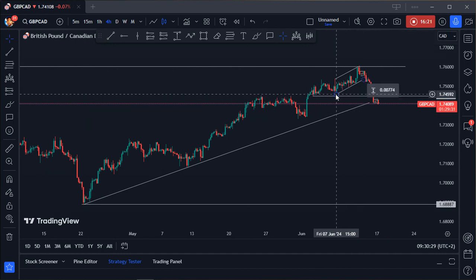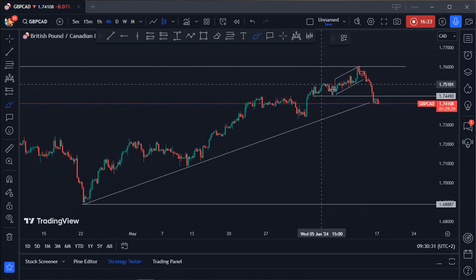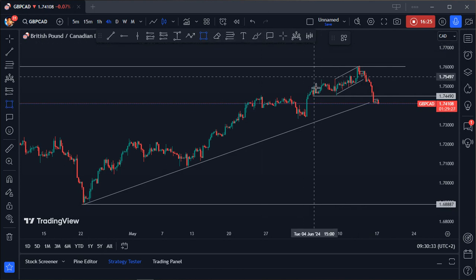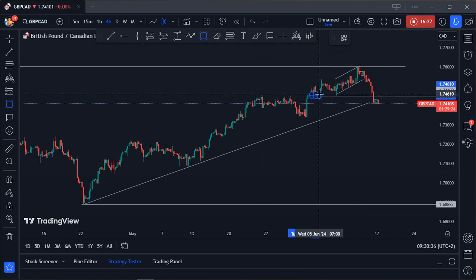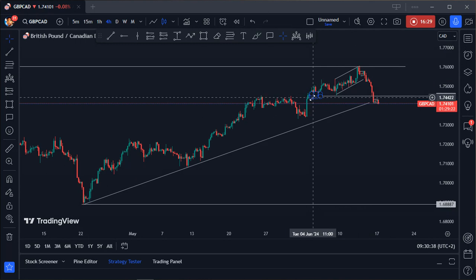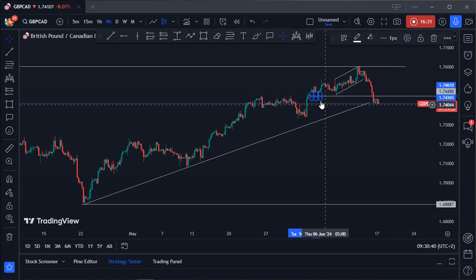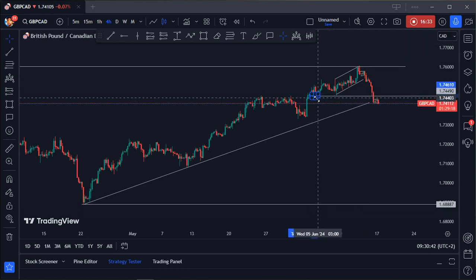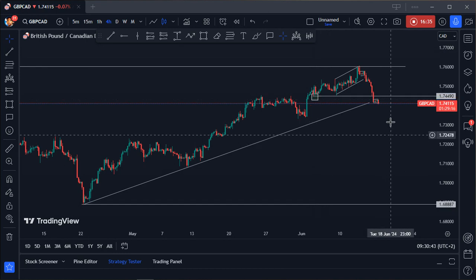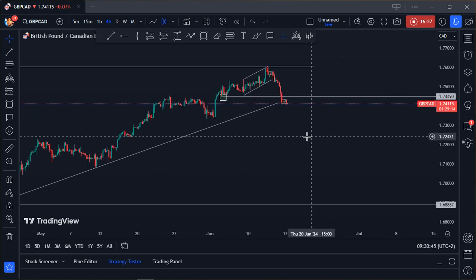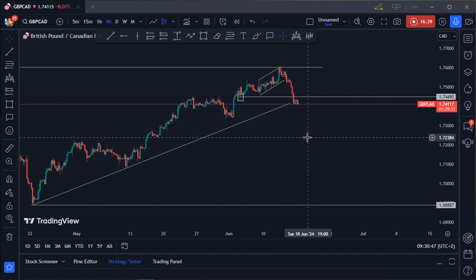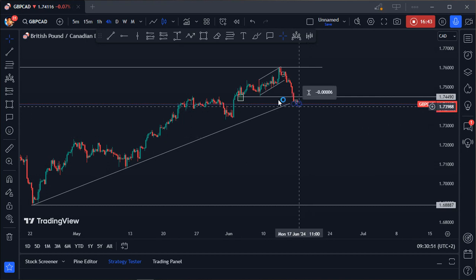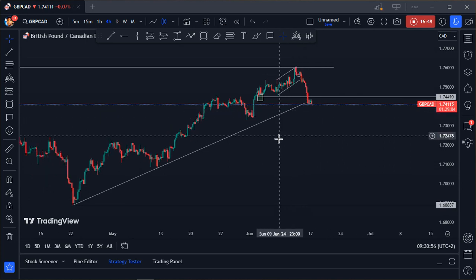This low around here. Let me highlight it. This low here. We are already trading below it. So any continuation below this low is a higher probability trade, because this will be our first initial continuation, and it's highly likely to play out.